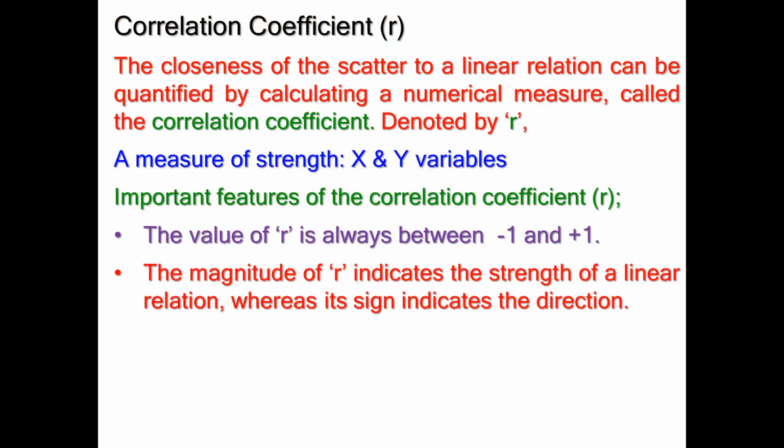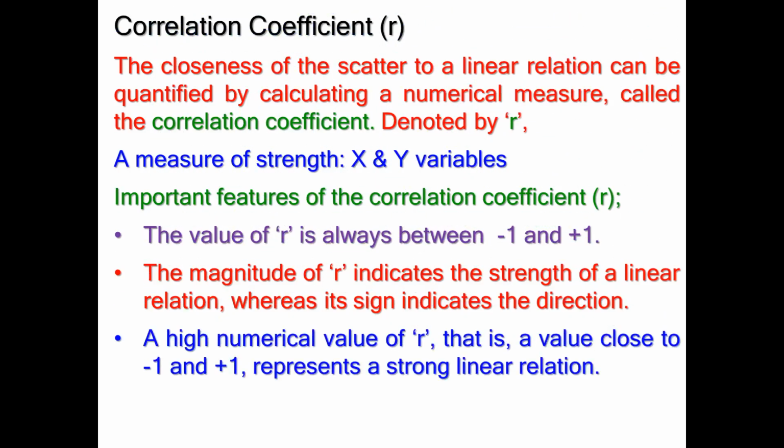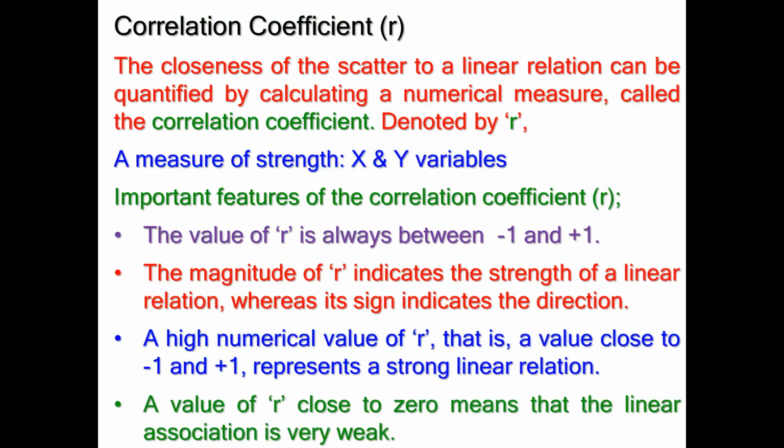The magnitude of r indicates the strength of a linear relationship, whereas its sign indicates the direction. A high numerical value of r, that is, a value close to -1 or +1, represents a strong linear relationship. A value of r close to 0 means that the linear association is very weak.